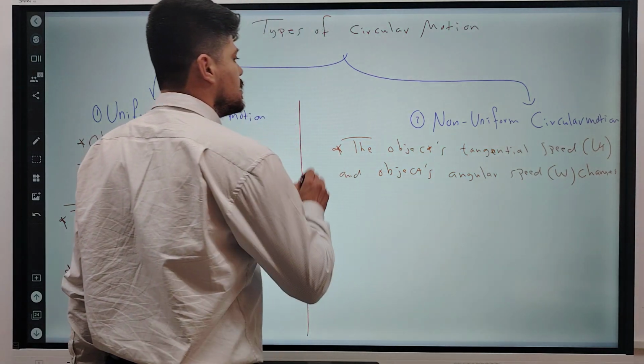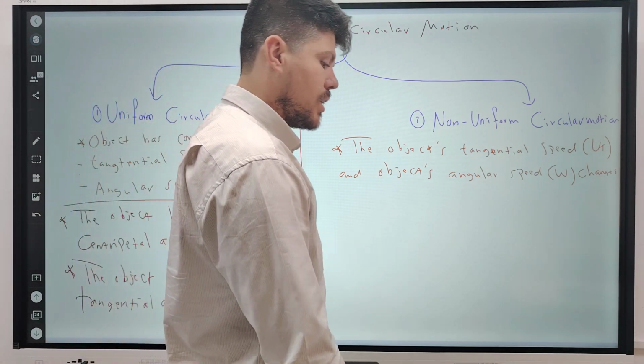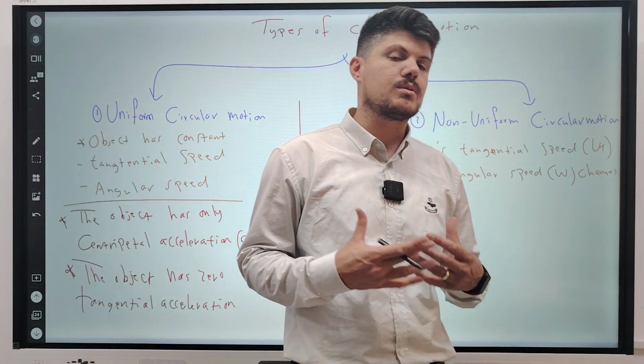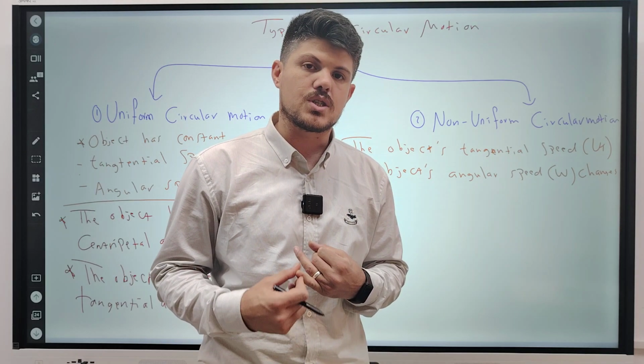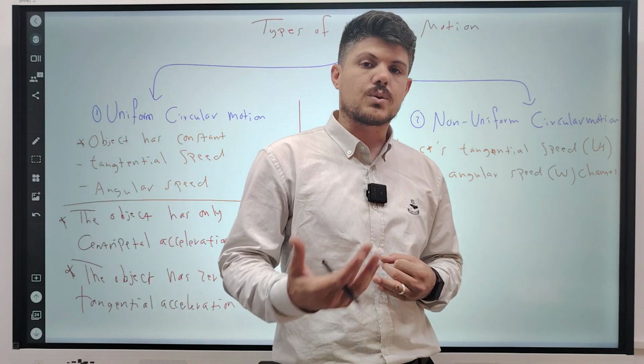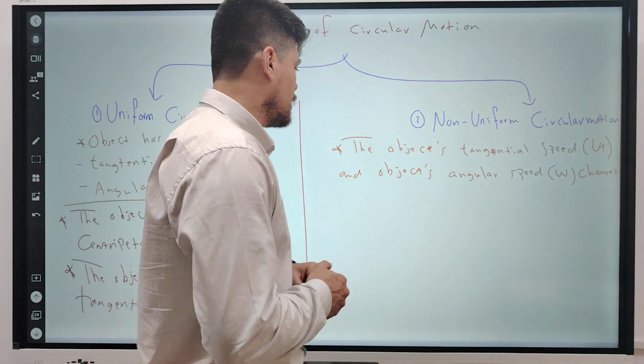So in that case, the circular motion becomes non-uniform circular motion. When does circular motion become non-uniform? When the object's tangential speed changes, decreasing or increasing, or when the angular speed changes, decreasing or increasing.